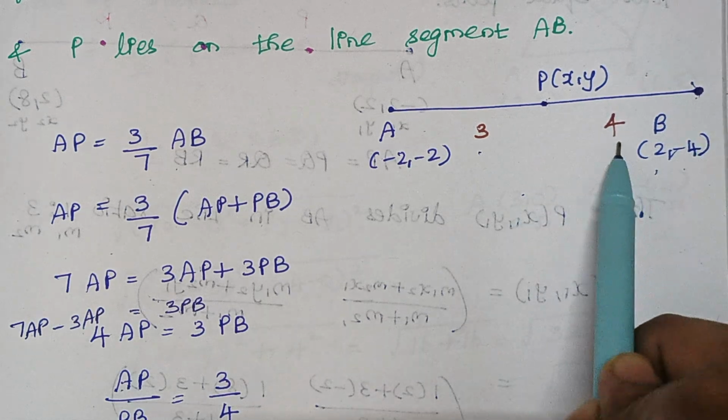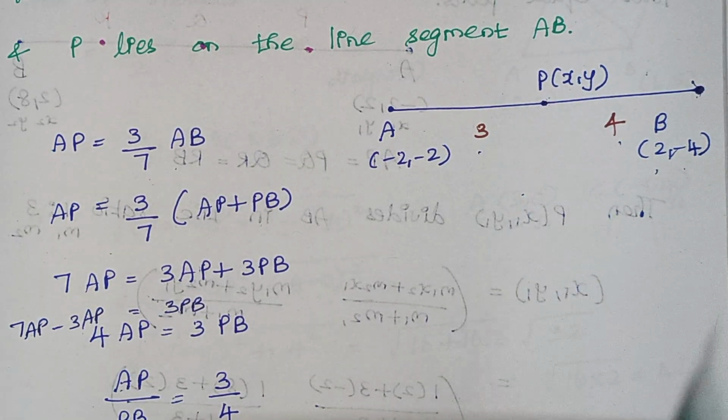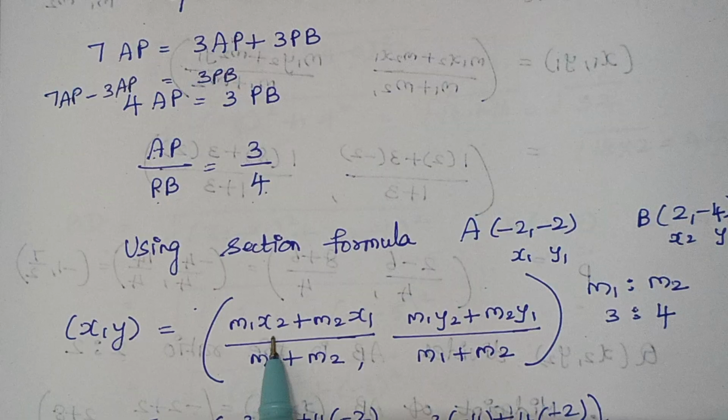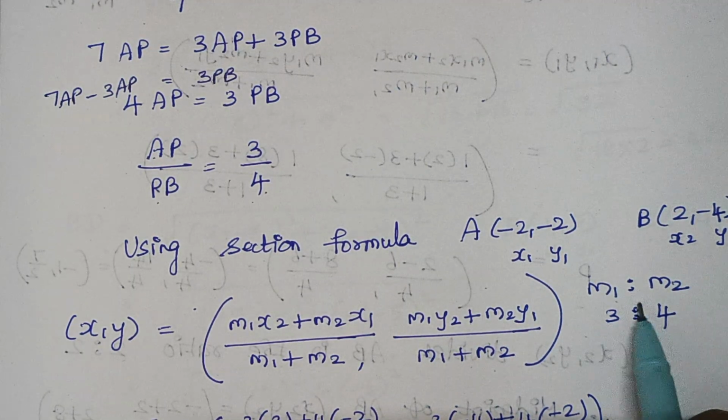Now we are going to make use of the section formula to find the value of P. So x comma y is given by m1 x2 plus m2 x1 divided by m1 plus m2, and m1 y2 plus m2 y1 divided by m1 plus m2. And the ratio here is m1 is to m2, which is 3 is to 4.